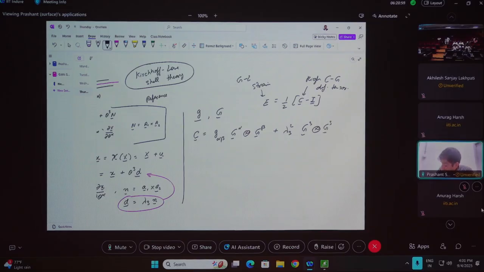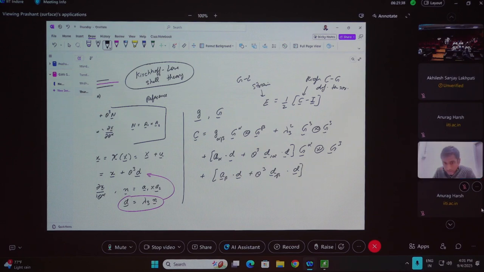So you get all the reference fields there, but then you get some extra terms, which are A alpha dot with D plus theta 3 D comma alpha dot with D, times G alpha tensor product with G3, and then you get additional things: A beta dot with D plus theta 3 D comma beta dot with D, times G3 tensor with G beta.